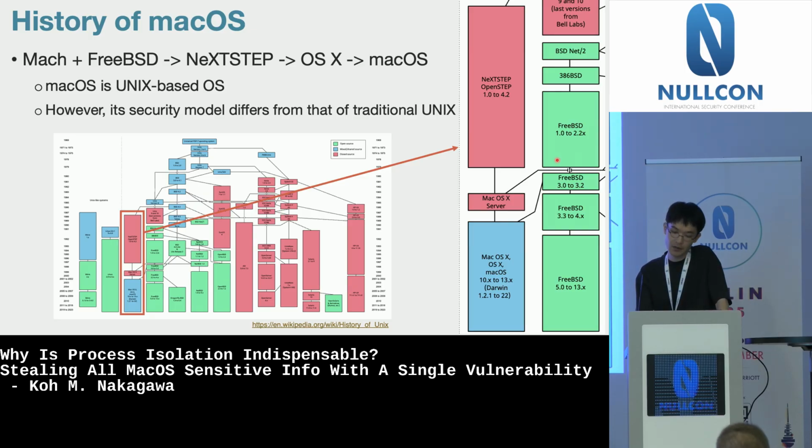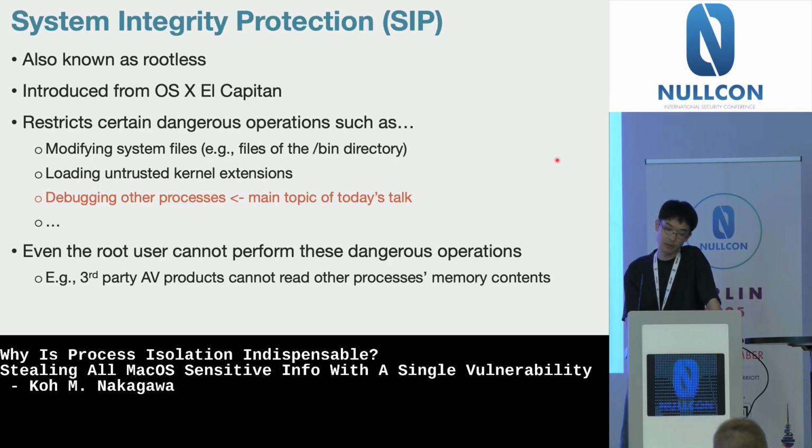However, its security model is quite different from that of traditional Unix operating systems. One major difference is a feature called System Integrity Protection, or SIP, also known as rootless. SIP was introduced in OS X El Capitan. It's designed to restrict certain dangerous operations such as modifying system files, loading untrusted kernel extensions, and debugging processes.